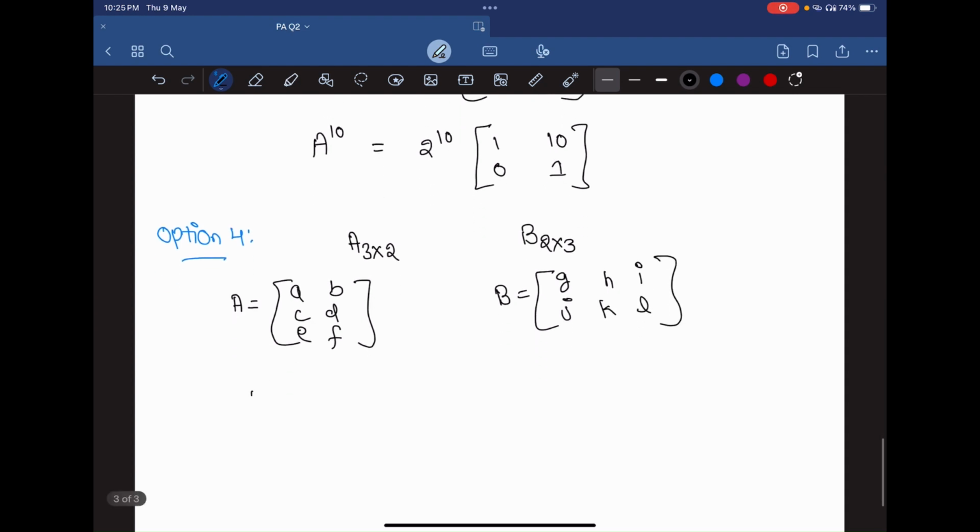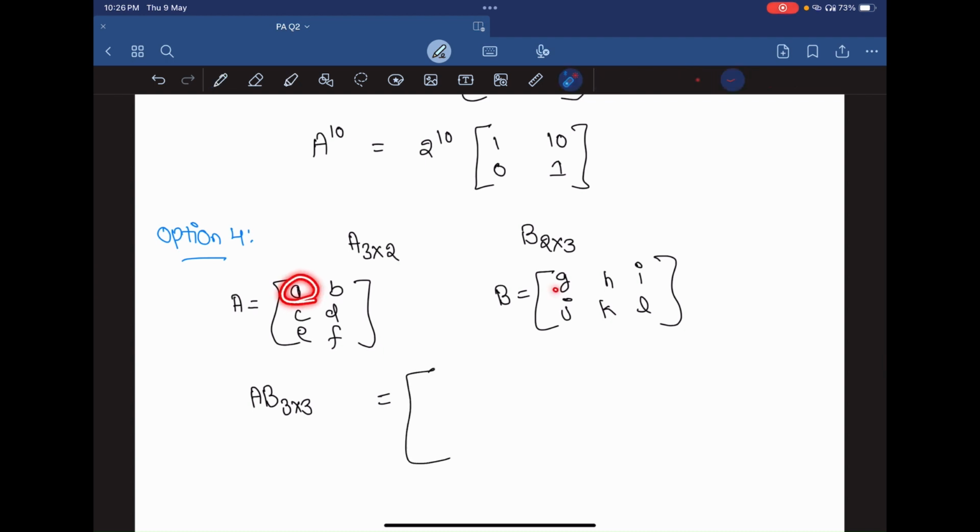Now if we are going to perform AB, it will be of order 3 cross 3. So that would be the rows of matrix A times the columns of matrix B. So if we are going to perform AB, how are we going to do it?